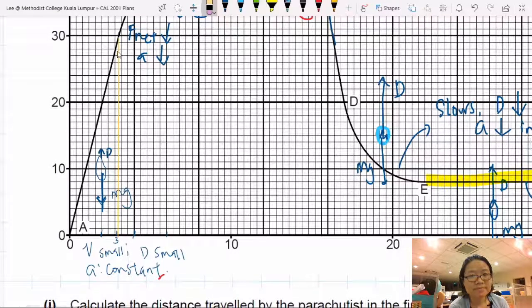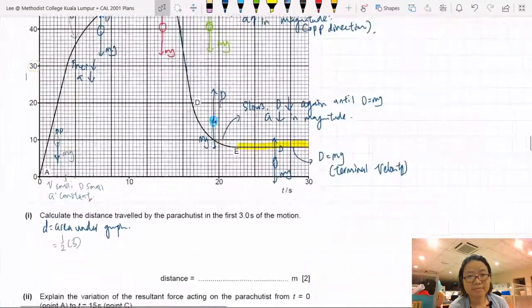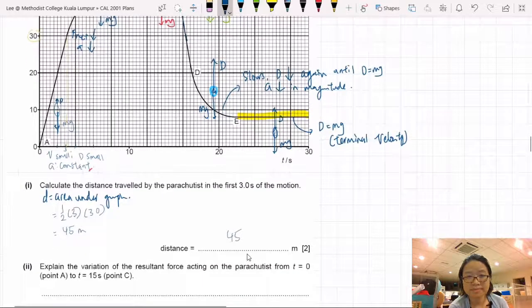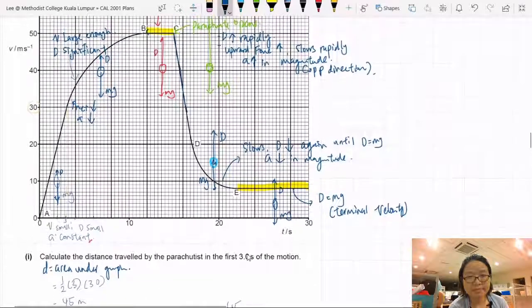So yeah. So it will be half times 30 times 3. Area under the graph. And that, my friends, will give me 45 meters. All right.